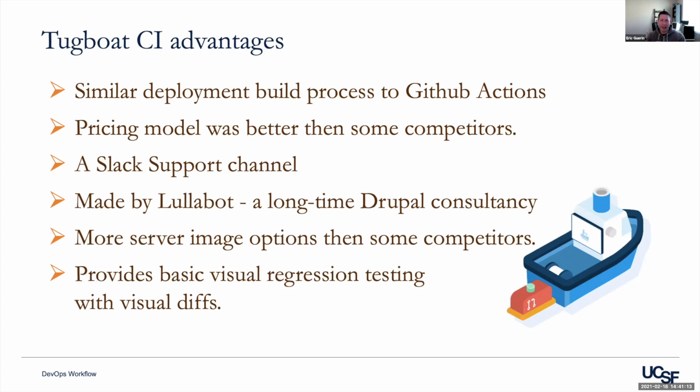They also had a wider variety of server images. I don't know if you're familiar with that, but like on GitHub Enterprise as well, you can basically say, I need this type of server. I need an Ubuntu server running these things. The fact that there were more server images available than some of the other competitors was a reason we chose it. And then again, the visual regression testing is pretty cool.